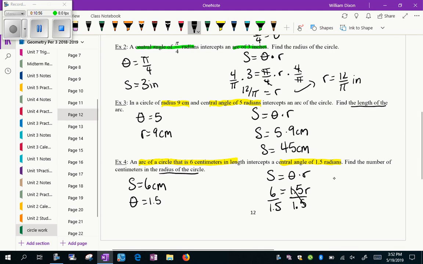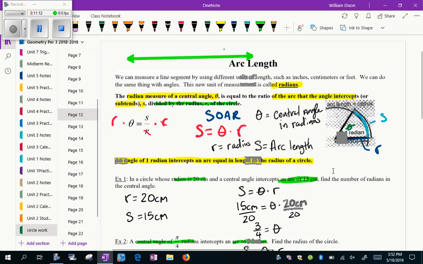Okay, that cancels. And if I use my calculator, which I can, and I should, r equals 4 centimeters.